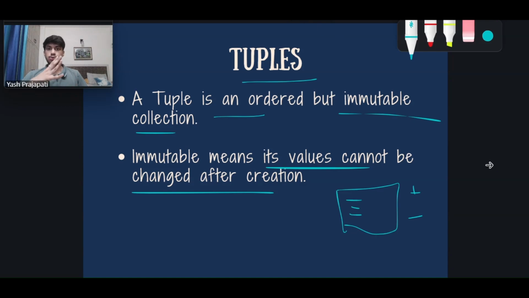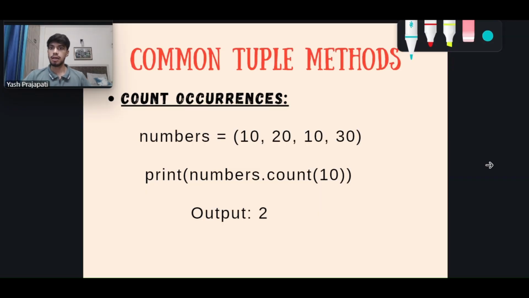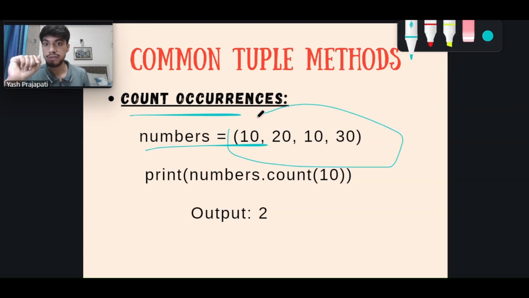Similar to the list, we have some common methods like count occurrence. We are finding the count of the occurrence of an element. For example, we have initiated a variable numbers and this tuple of 10, 20, 10, 30.